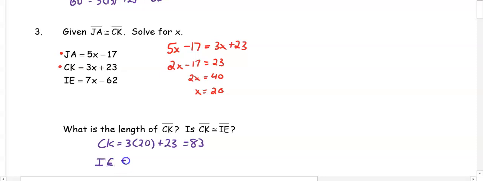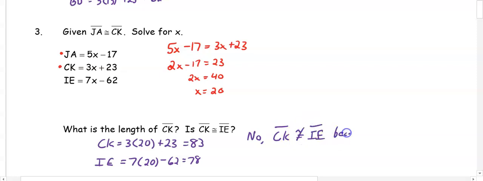And then IE is 7 times 20 minus 62, which is 140 minus 62, so we get 78. They are not congruent because they don't have the same length. So no, CK is not congruent to IE because the lengths are not equal.